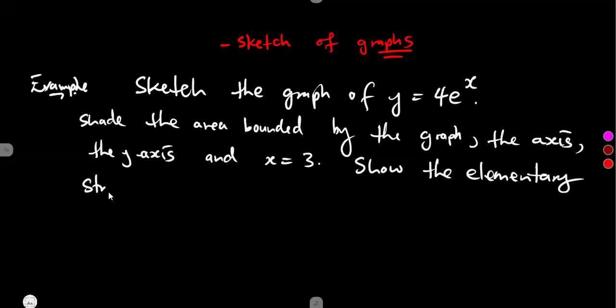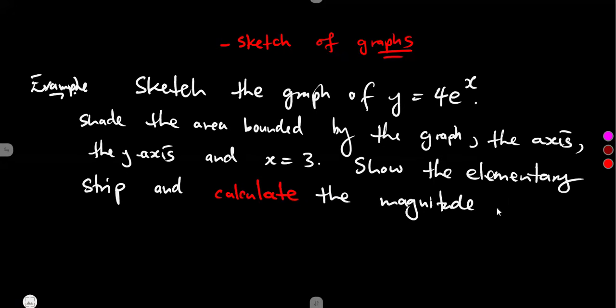So our question here is to show the elementary strip and calculate the magnitude of the area. So this is what we are given there. This is what we have.